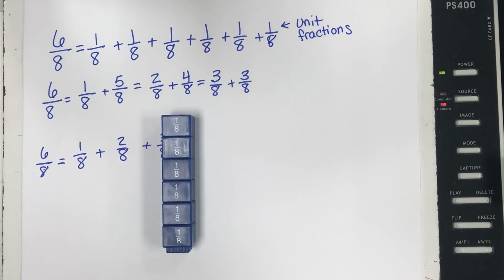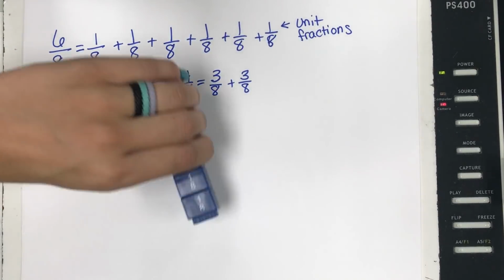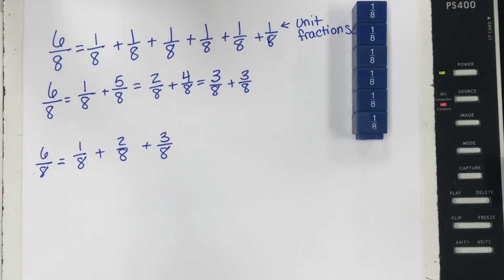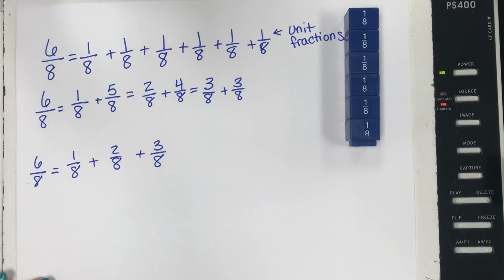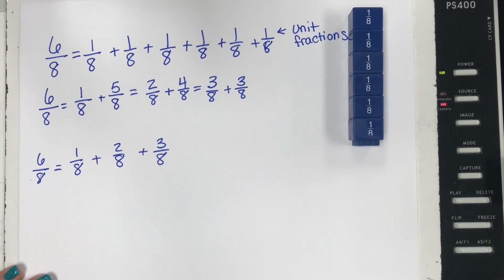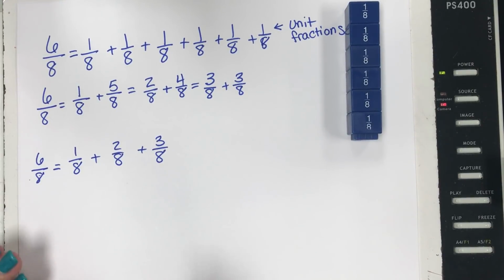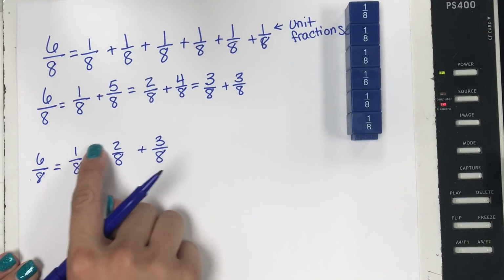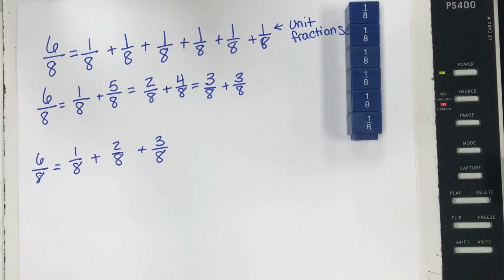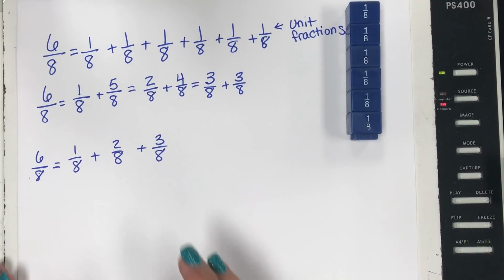So you can imagine once you get to 12ths, this isn't even all of the ways you can do that. There's so many ways that you could break it up, as long as you have 8ths as your denominator and your numerators add up to the numerator that you had, which in my case was 6.